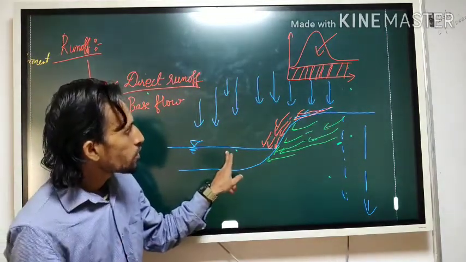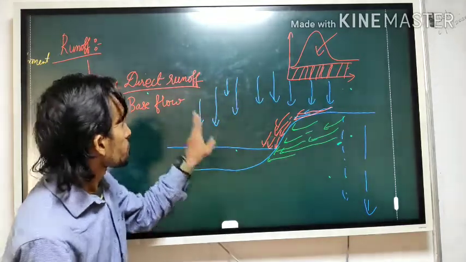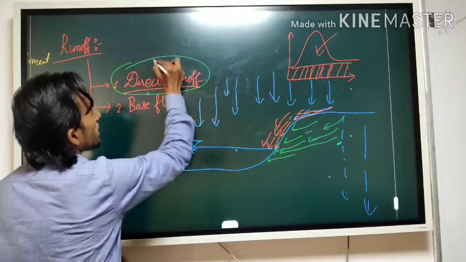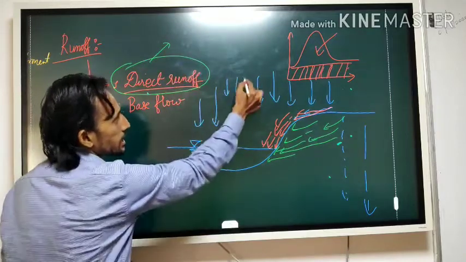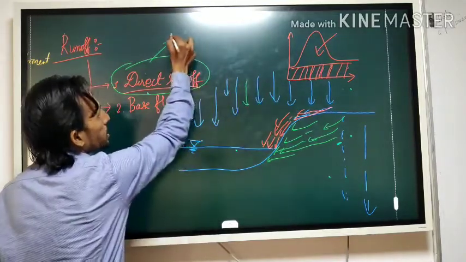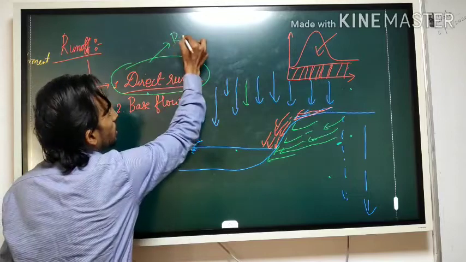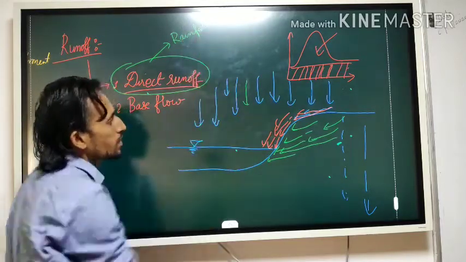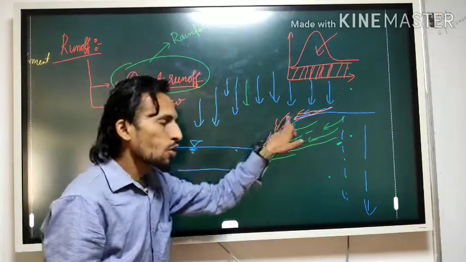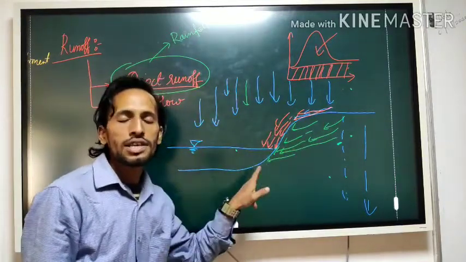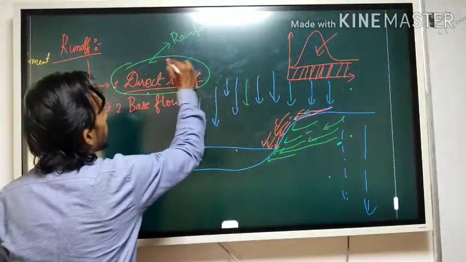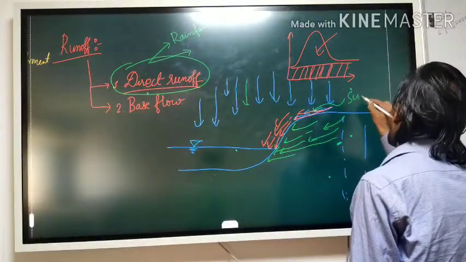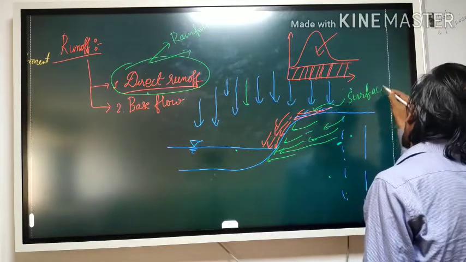If you could see here, this direct runoff is made of three things. First, precipitation, or let's say rainfall. The water that is flowing over the surface, we call surface runoff.